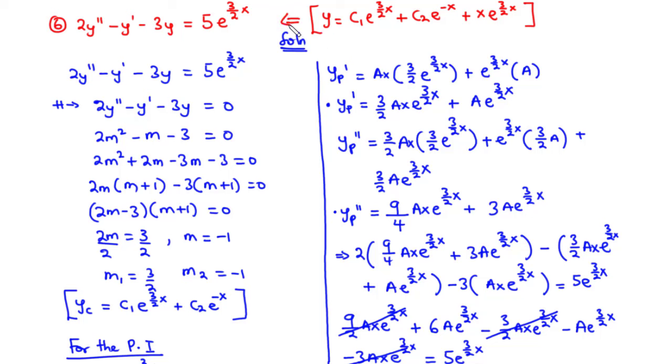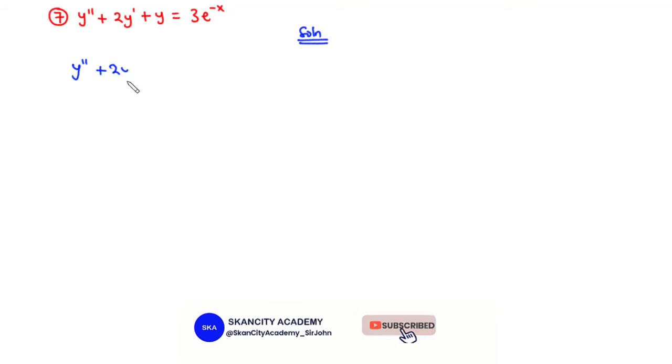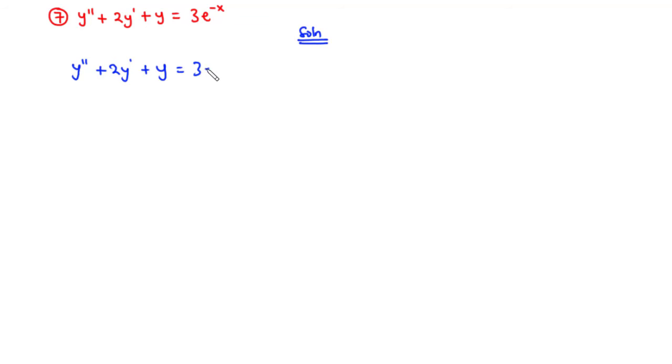Now let's move on as we solve the last example. Now to the last example, we are going to solve the differential equation y prime prime plus 2y prime plus y equals 3 times e to the power negative x.